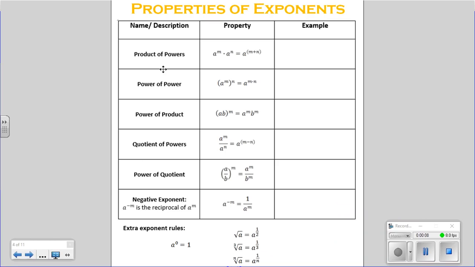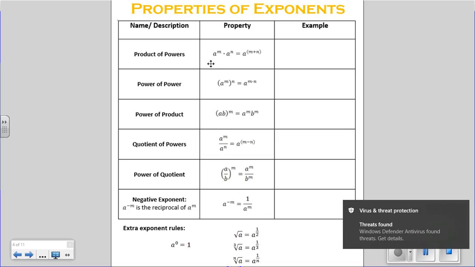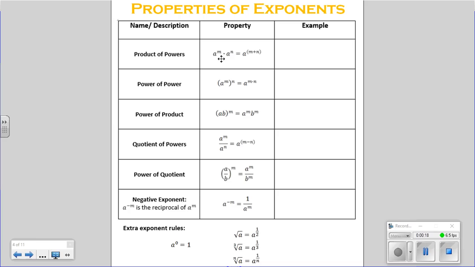The first property is the product of powers, which says a to the exponent m times a to the exponent n is equal to a where you add the exponents.